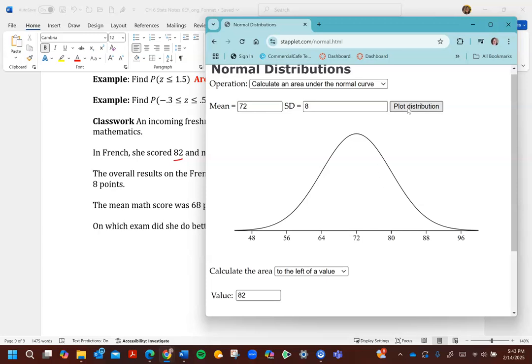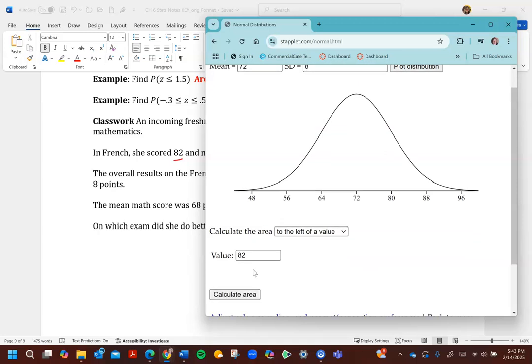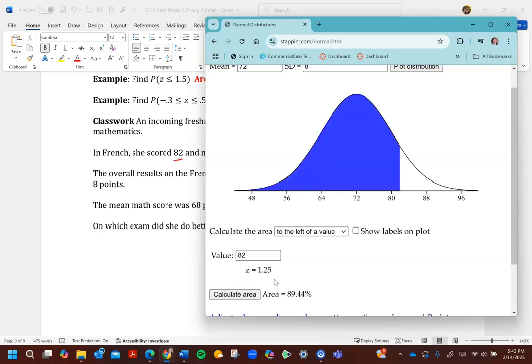And then we can hit plot distribution. And that lays out the scores for us. We want to calculate the area to the left of the value, and we put the value in as 82. And this will give us our probability, but also give us our Z-score. So we have a Z of 1.25 for the French.